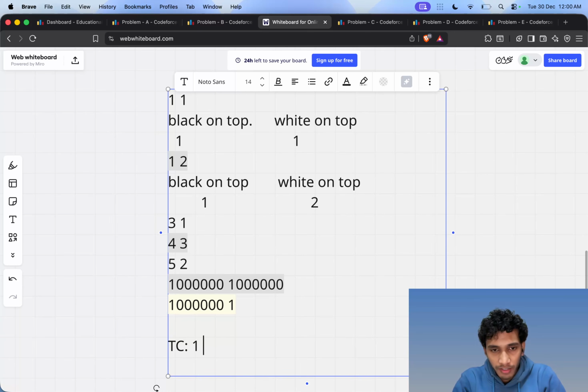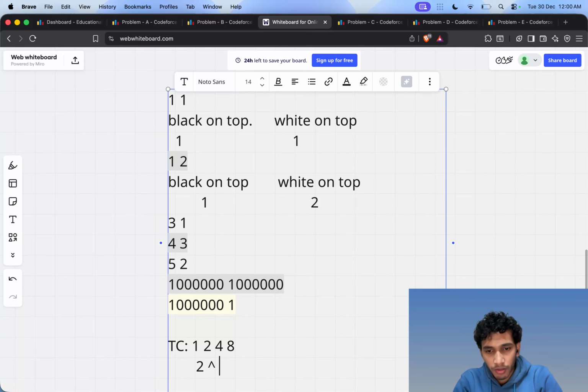In the first iteration the amount of chocolate is 1. In the second iteration it is 2. In third it is 4. And fourth it is 8, and so on. So in the ith iteration it will be 2 to the power I minus 1.